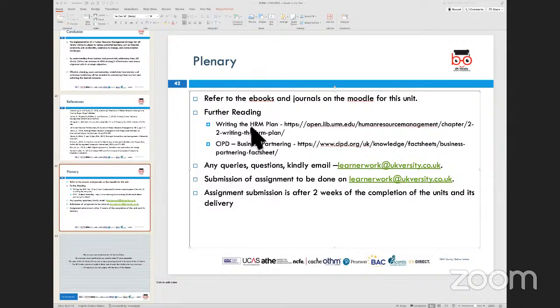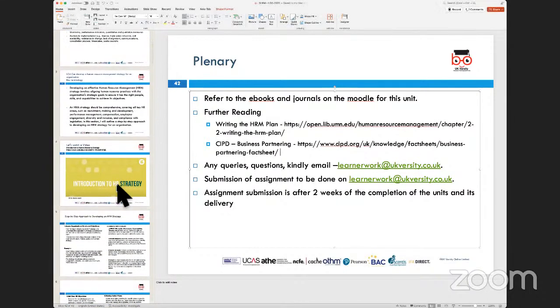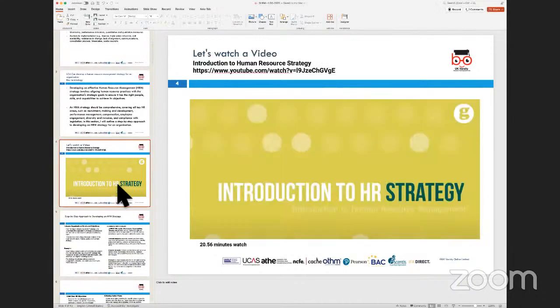So these two bits I would suggest would be the additional reading to help understand this learning outcome in detail, along with this video on what an HR strategy is, an introduction to it, and how to develop one for a named organization when you start doing the assignment next week.